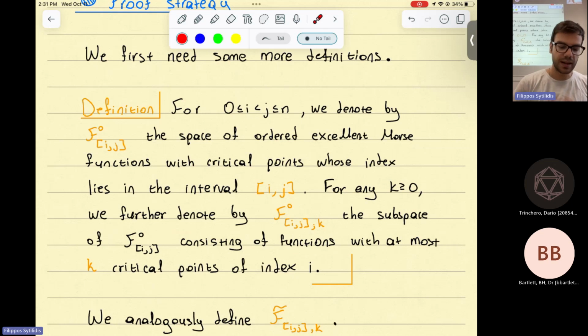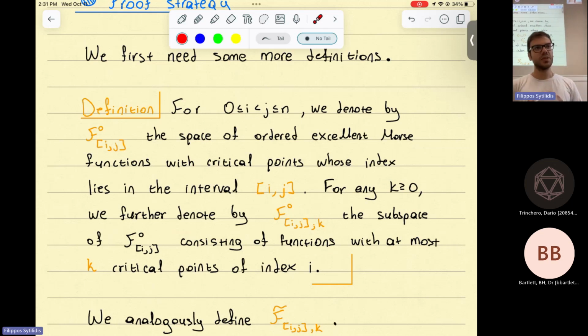So the thing that I denoted by Fi0 before would be Fi, i plus 1, 0, and I just now allow more critical points beyond those of index i plus 1 up to index j.